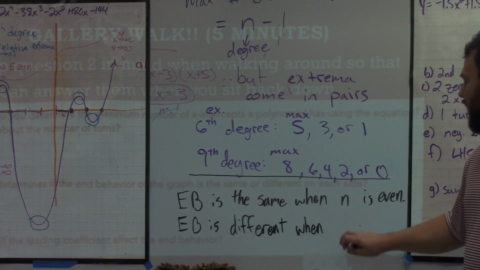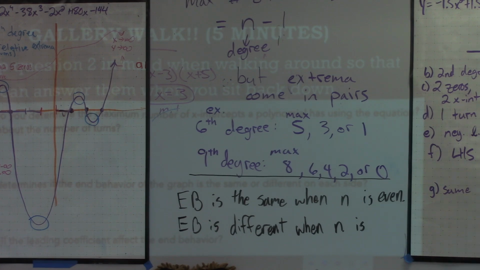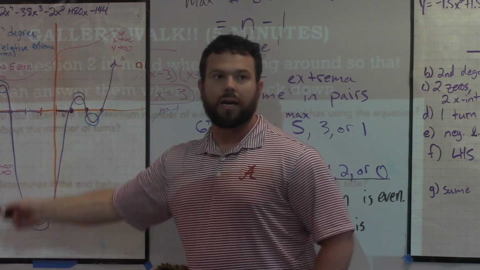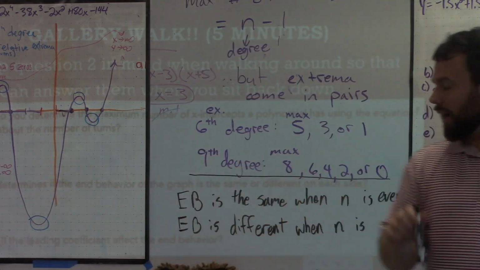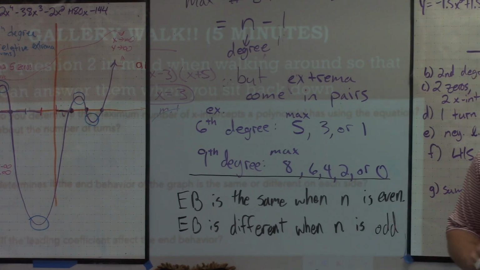So when is the end behavior different? When they're odd. So let's look at all the odds. Is the end behavior different? Yes. So when the degree is odd, the end behavior is different.